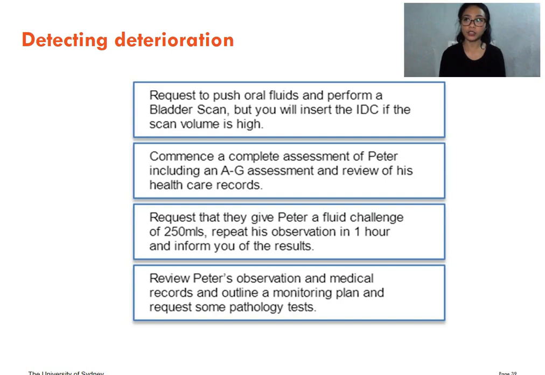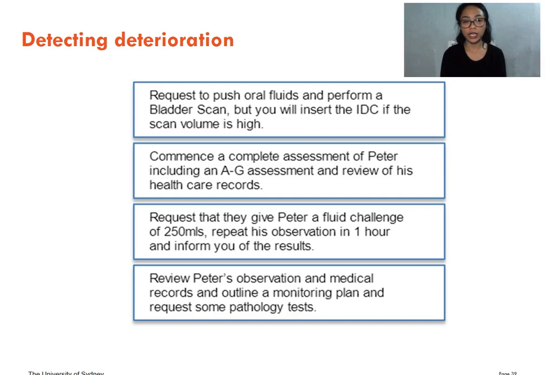They could request to push oral fluids and perform a bladder scan, and then insert a urinary catheter again if the scan volume is high. They could commence a complete assessment of Peter, including an A to G assessment, and then review his healthcare records.